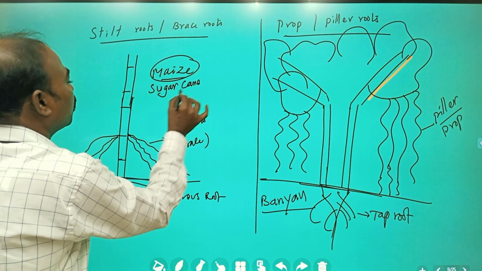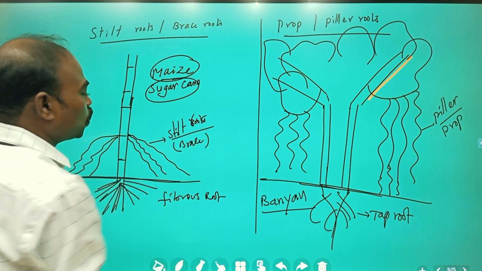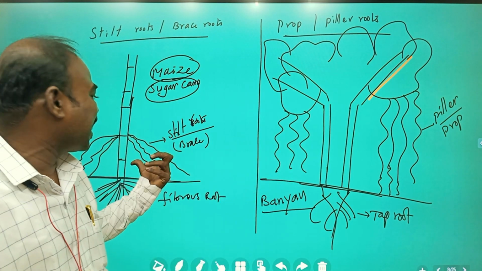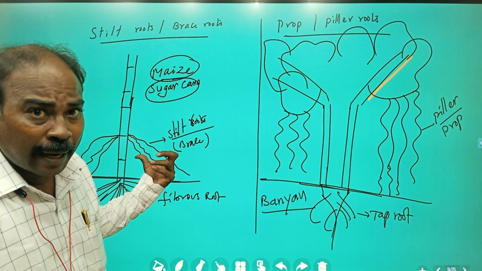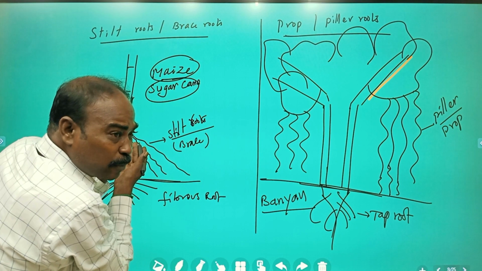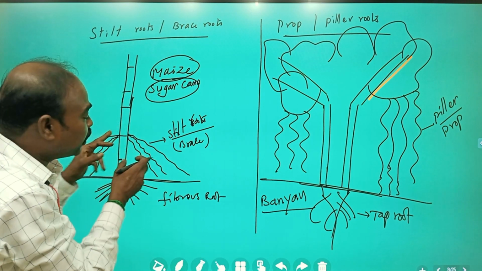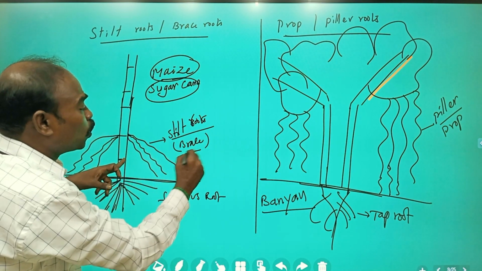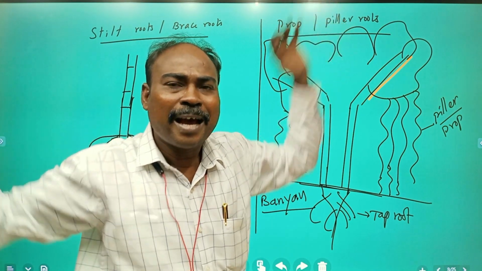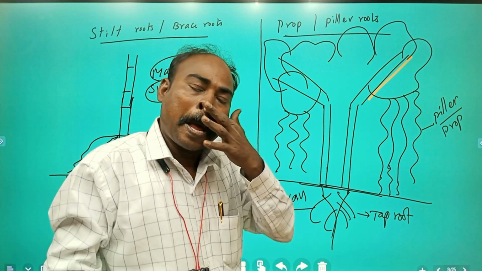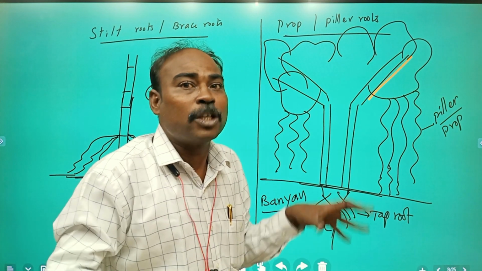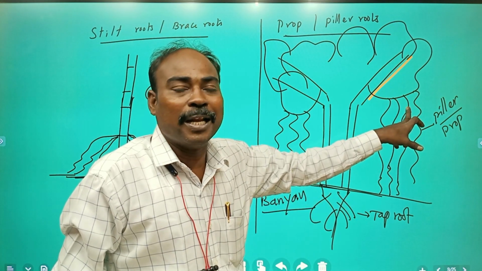So this is about sugarcane and maize as examples for stilt roots. Banyan is the example for prop root. The prop root as well as stilt root gives additional mechanical support to the huge branches in this plant, and to the weak stems of these plants. Weak stems get additional support from the stilt root or brace root. Here, a plant with profuse huge branches and biomass cannot depend on the tap root alone, which is not sufficient, so it needs much more mechanical support from these pillar roots.